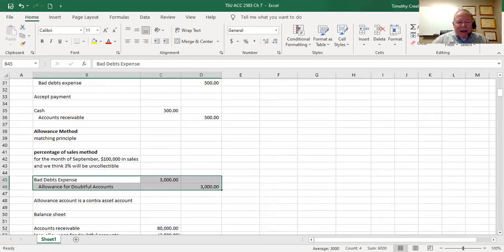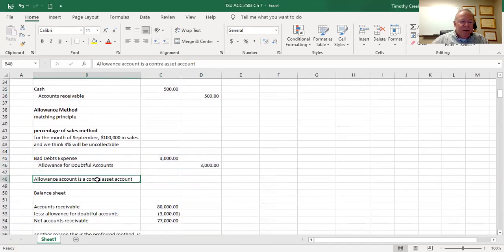Now, the allowance for doubtful accounts is a contra asset account. It is related to accounts receivable, and basically what the allowance account represents is what you feel like you're not going to collect from accounts receivable. This is what it would look like on the balance sheet.